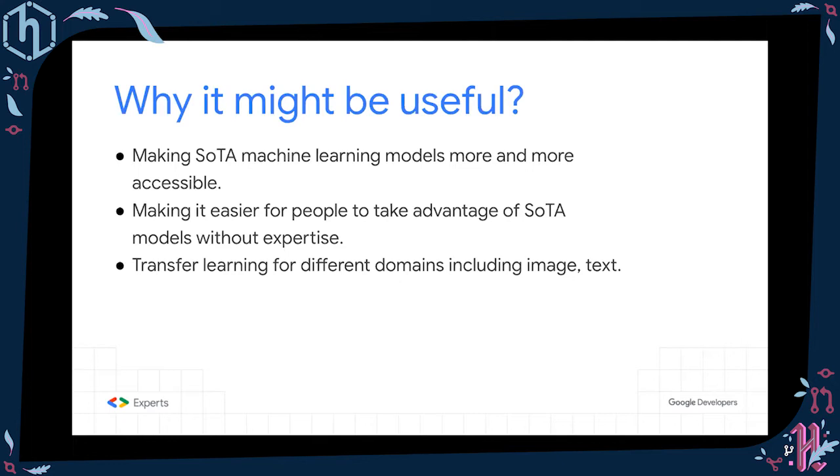But also it provides the opportunity for us as individual contributors to contribute to the growth of accessibility and ease of using state-of-the-art machine learning models at the same time. So these 3 points are highly useful, at least to me.